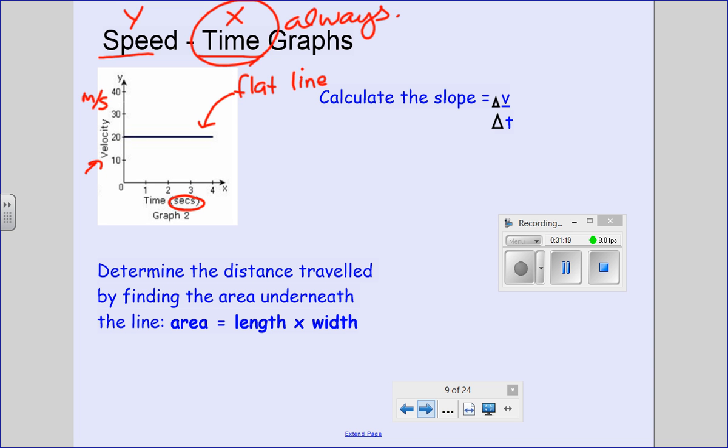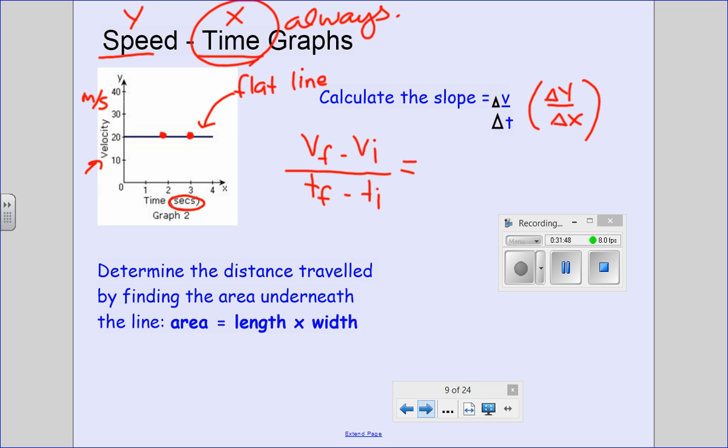If I tried to calculate the slope, the change in y over the change in x, which on this graph is the change in velocity or speed over the change in time, I would do final minus initial speed over final minus initial time.